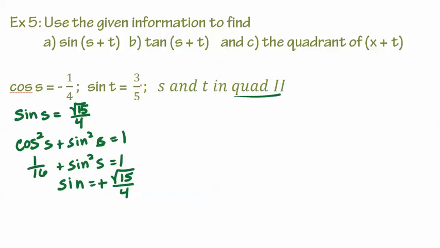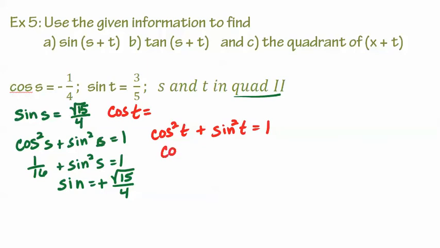And now let's work on our other angle. We know the sine of t, but we better find the cosine of t. And this one, when I see 3 over 5 for a sine value, makes me think of a 3, 4, 5 triangle. So I suspect this one's going to turn out to be even easier. So we go to our Pythagorean identity, or you could do Pythagorean theorem.